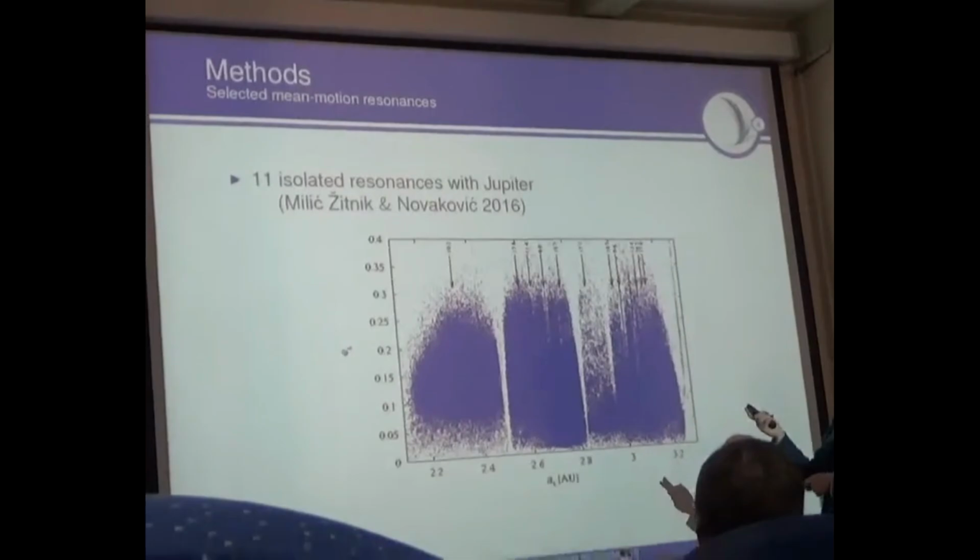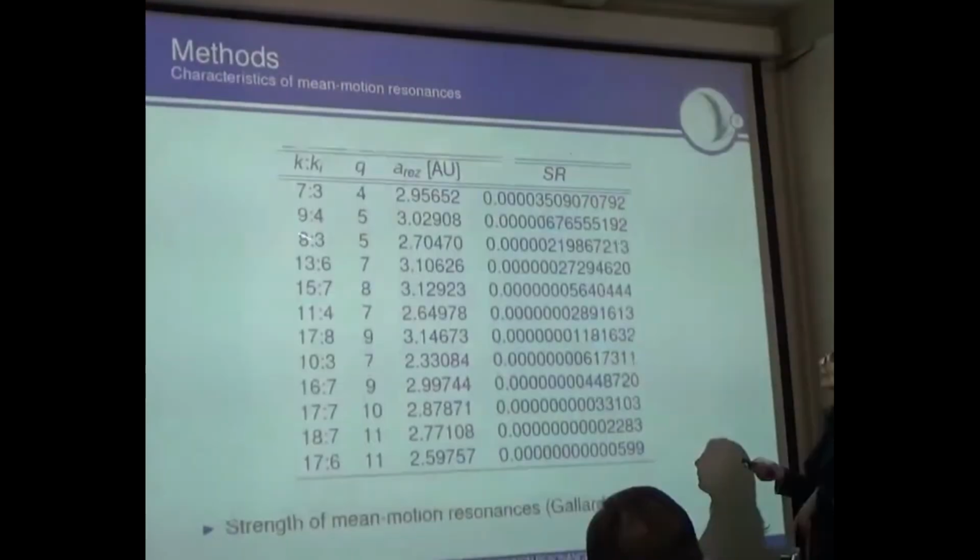And these are some basic characteristics of our mean motion resonances. In this table, we present in the first column their names, from the strongest to the weakest resonance. In the second column is the order of our resonances, in the third the center of the resonances in units of semi-major axis, and in the fourth column the strength of the resonances.